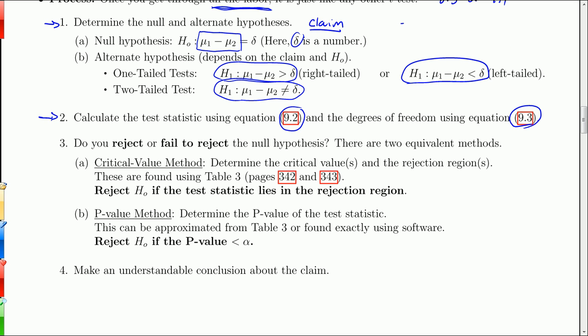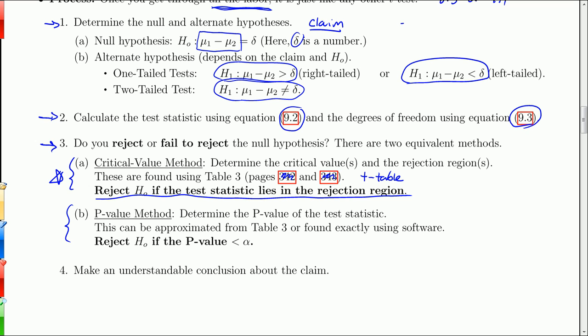And then just like any other t-test, we determine whether or not we reject or fail to reject the null hypothesis. We will be focusing on the critical value method, where we get our critical values from table 3, the t-table, right? Once we get the critical values, we'll get our rejection regions, and you reject the null hypothesis if the test statistic lies in the rejection region. If you have software, we can calculate the p-value.